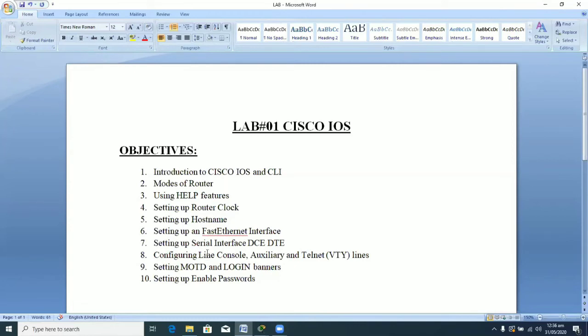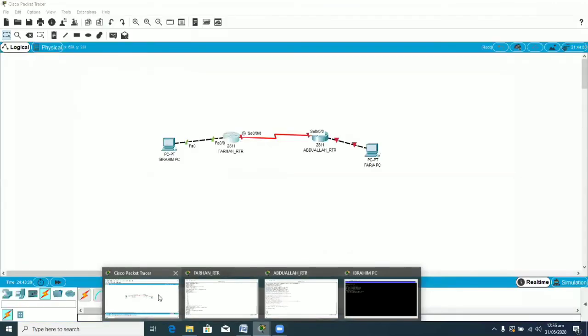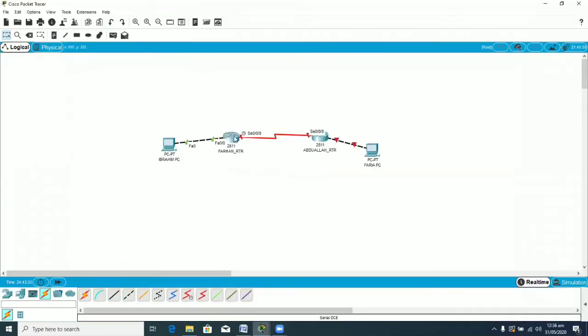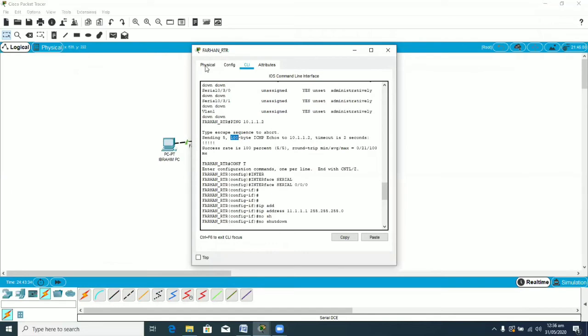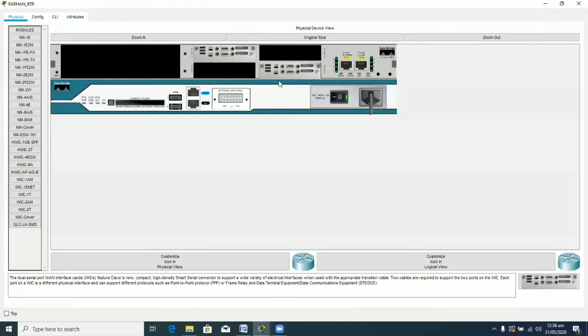If you enter into your router through this port that I showed to you, again I am showing it. Basically, moving to the physical part of your router, zoomed in is already done. This is your console port. All the CLI connections, all the CLI configurations are done with the help of this console connection.